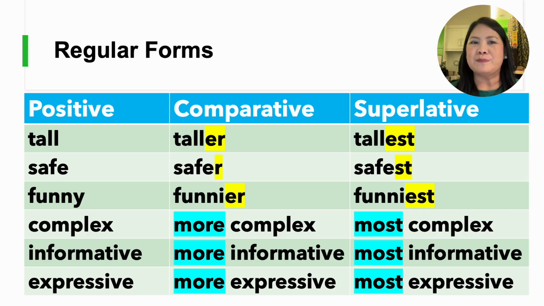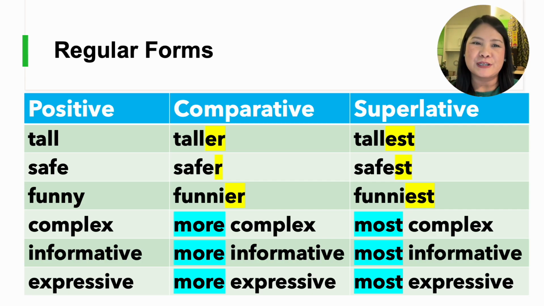For example, if the comparative is "er", automatically the superlative will use "est". If in the comparative we add more, automatically in the superlative we add most. We're not going to crisscross like "er" and then "most", or "more" and then "est". No, if we use "er", automatically the combination would be "est" in the superlative.